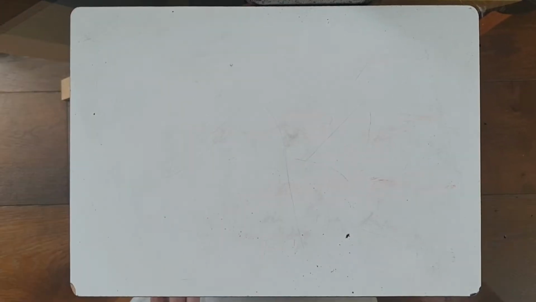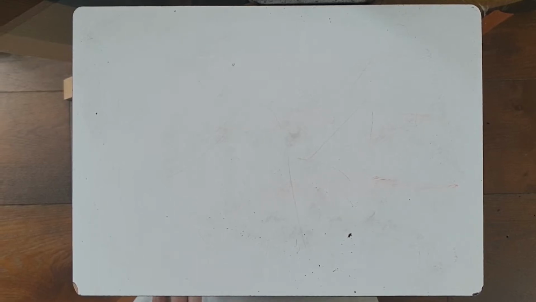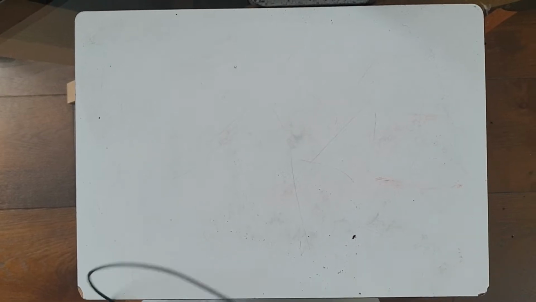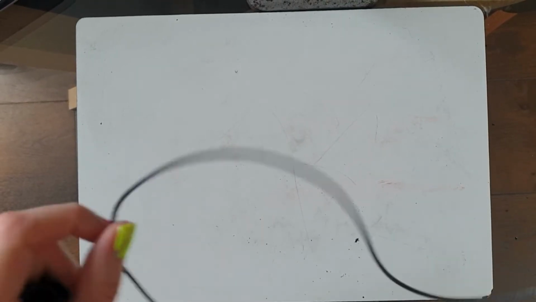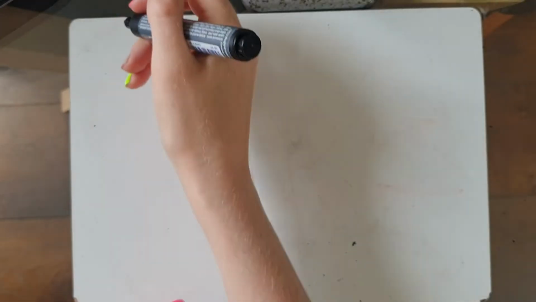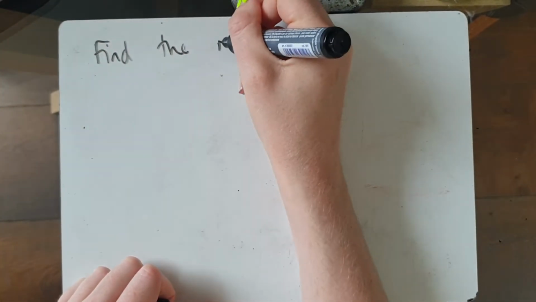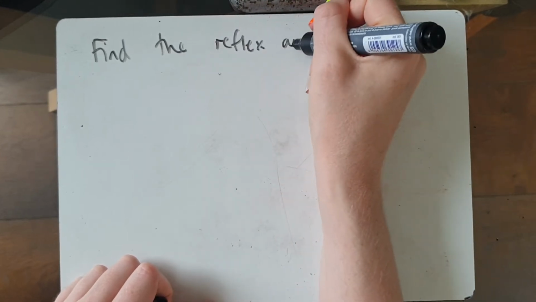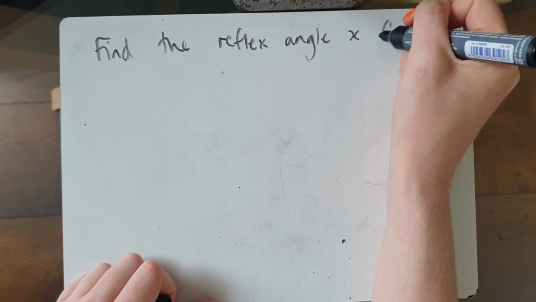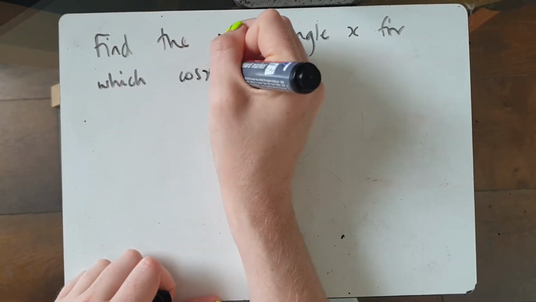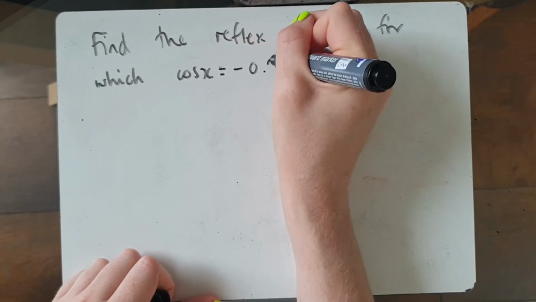Okay, so cosine of obtuse and reflex angles. It is a similar method, but it's not exactly the same. So the first thing we are going to do is find the reflex angle x for which cos x equals -0.26.